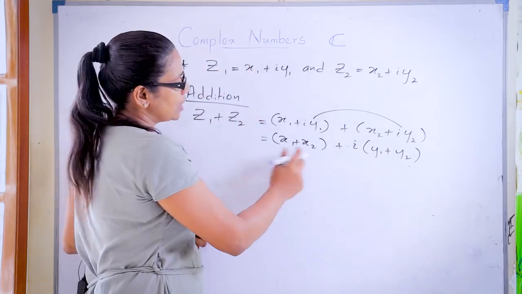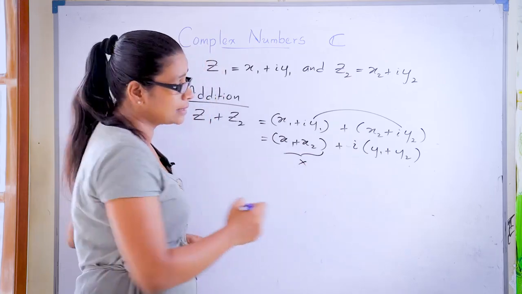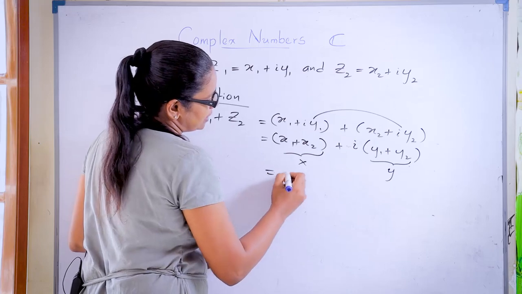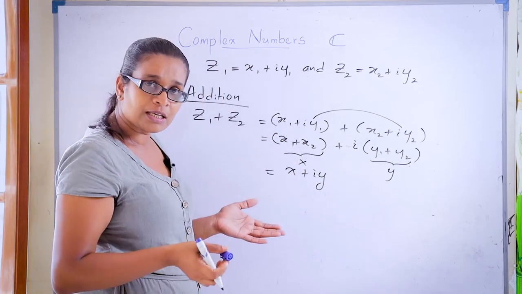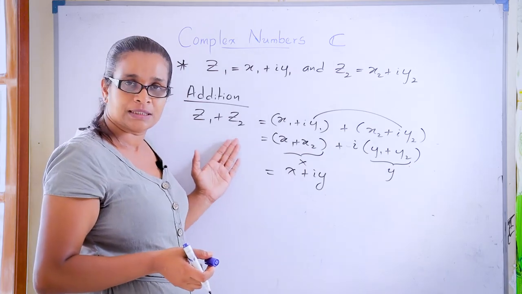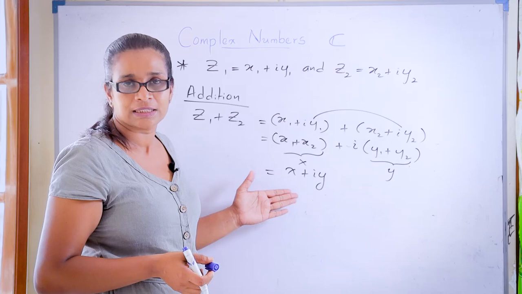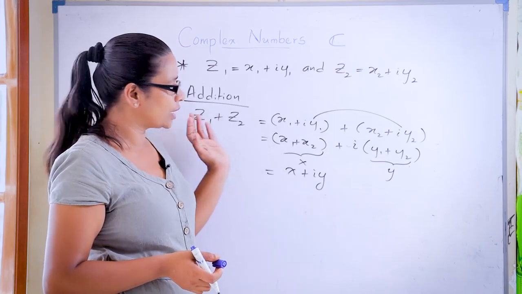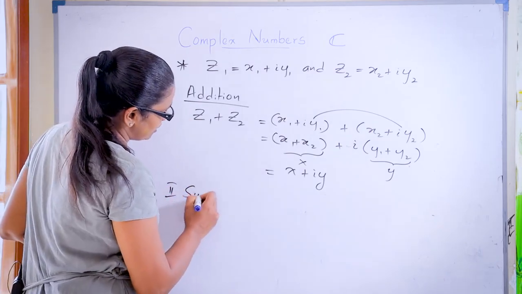So if I get the addition of the x's as x and the addition of the y's as y, this represents x plus iy. What does it mean? The addition of complex numbers again gives a complex number as the result. The result is also a complex number when you add two complex numbers. The same thing happens when you do the subtraction.